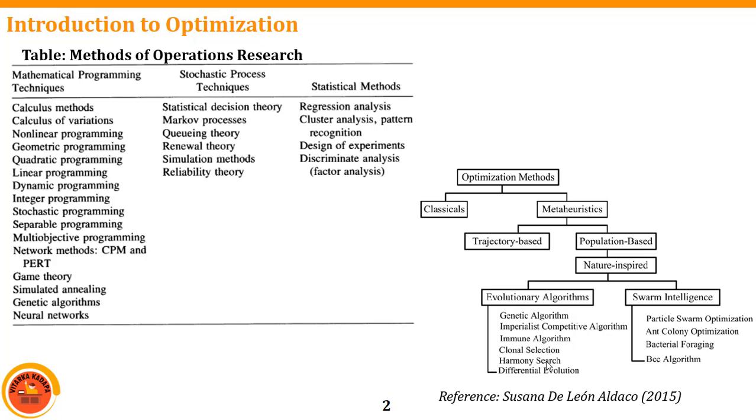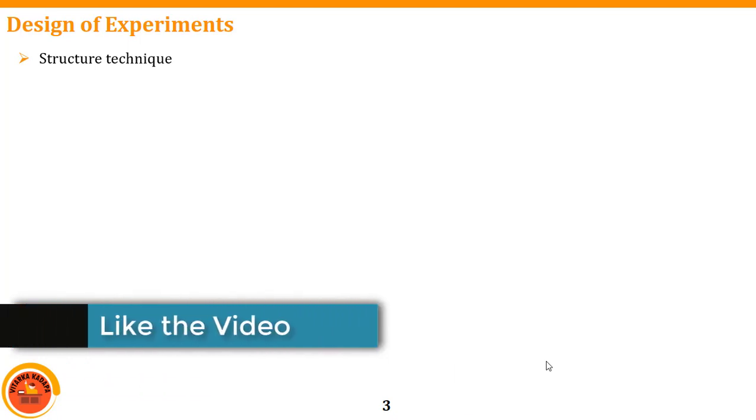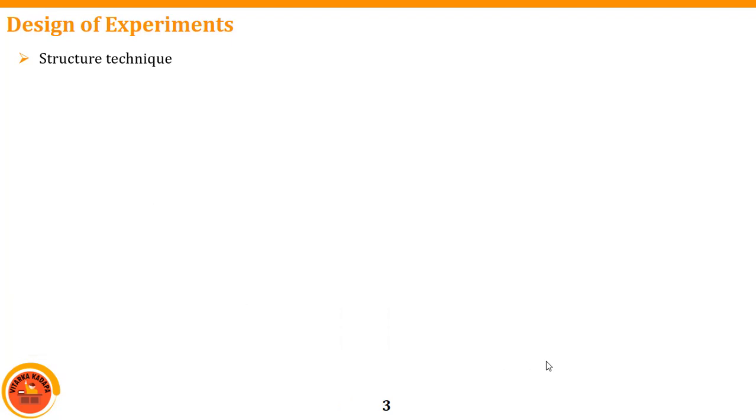Now our objective is to concentrate only on design of experiments and how we go for single objective optimization. So we will touch only design of experiments here. What is a design of experiment? Generally speaking, an experiment means we take some input, sometimes mix multiple inputs, and get some output.